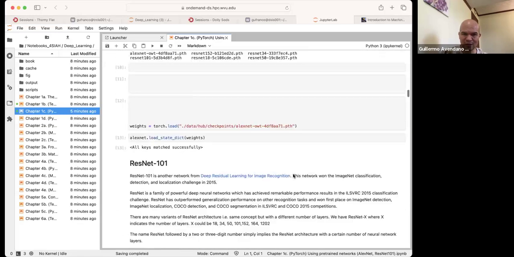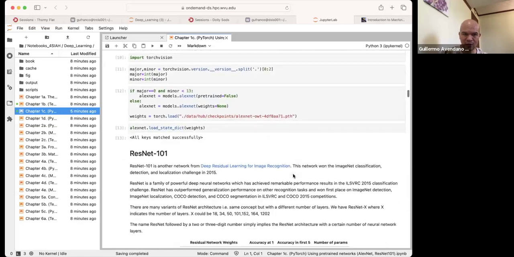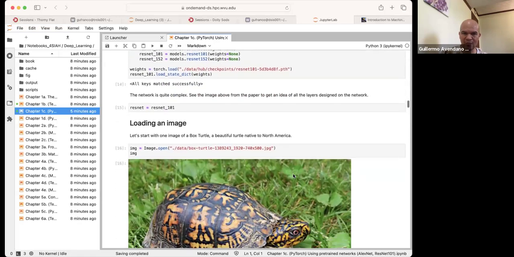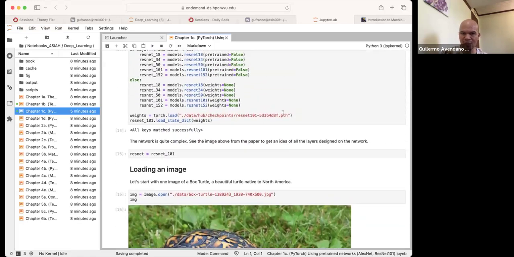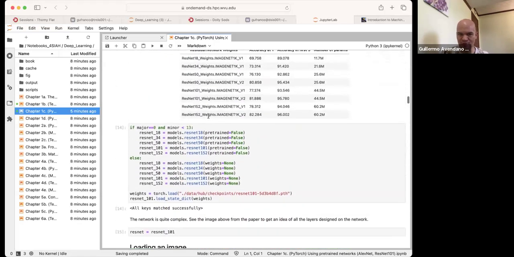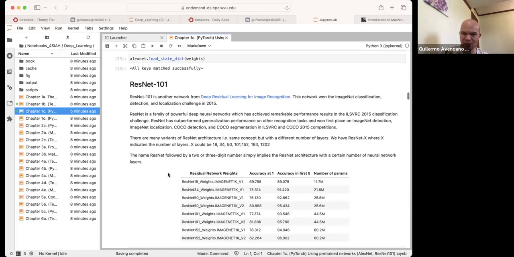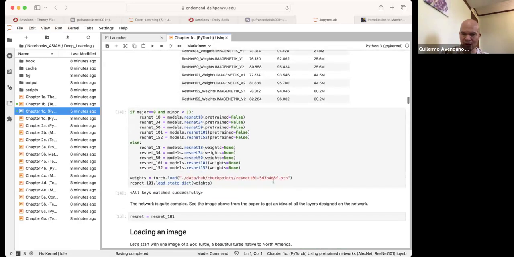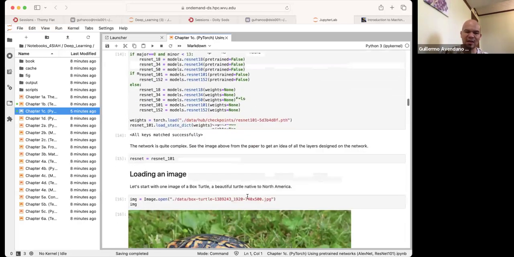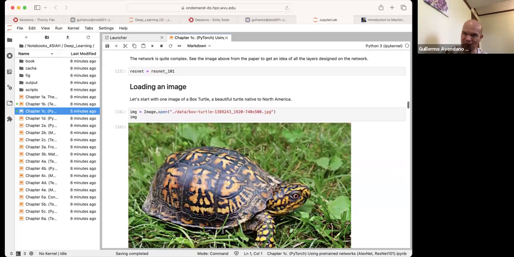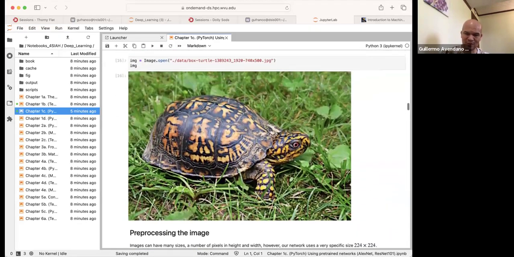In this case, I am taking a similar neural network, ResNet 101, populating it with the weights, and that is what I will be using for classifying this image.